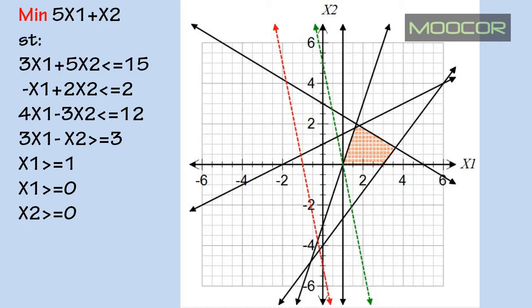However, there is no feasible solution where the z line is right now. So I will slide the line parallel to itself, and the moment that it hits the feasible region, the first extreme point that it comes in contact with will be my optimal solution for the minimization problem.